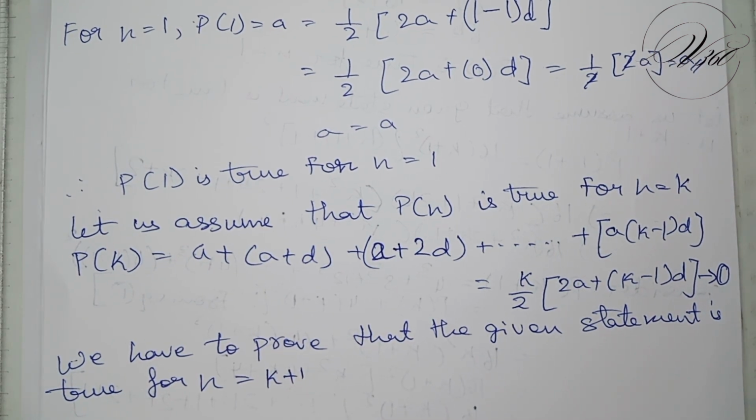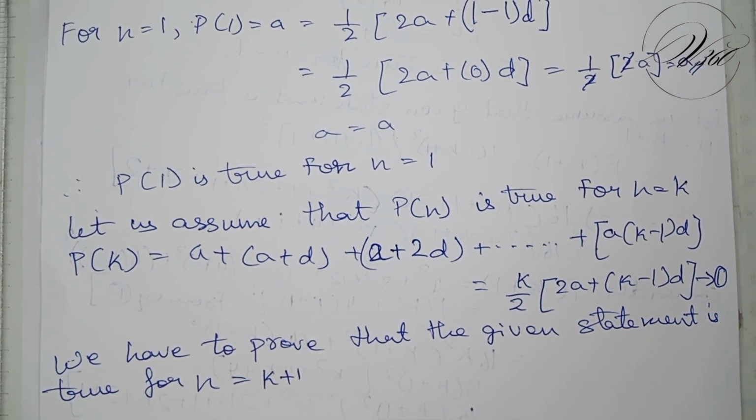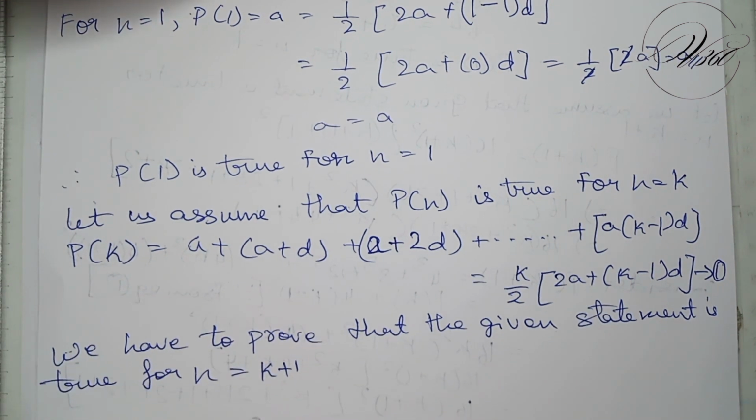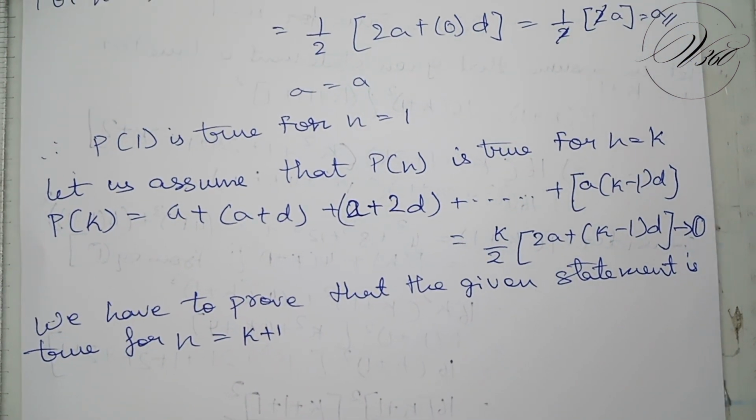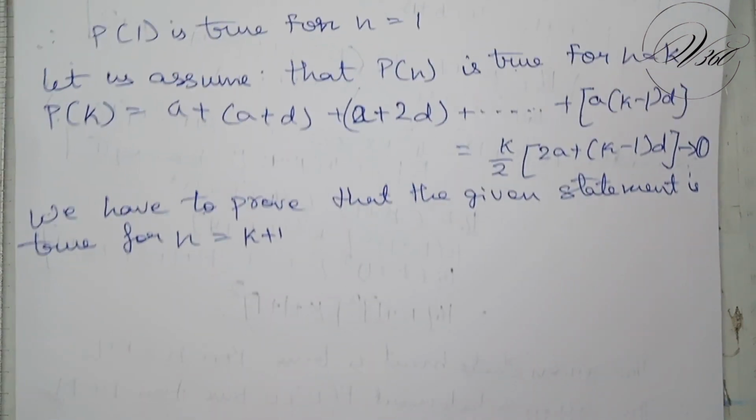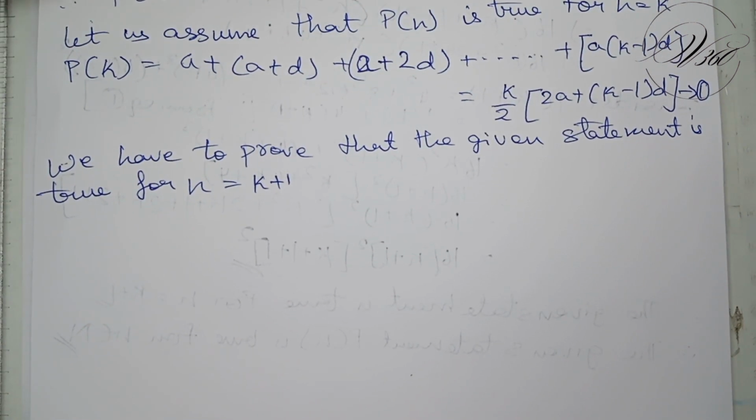Okay, this is the statement which is true for n equals k plus 1. Now we will write the next step. Let me write here. Wait a second. Let me raise it a bit so that you can see it. Again, it will not be a problem.